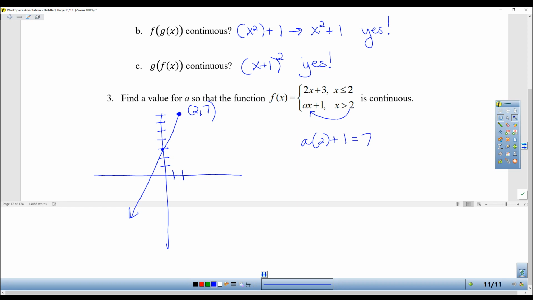I need my line, which I don't know what the slope is, if it's going to be steeper or shallower, but I need my line to be connected. So when I plug in a 2, I need to get 7. So 2a is equal to 6, a is equal to 3. That means I drew it completely wrong. It's steep, okay, like that.